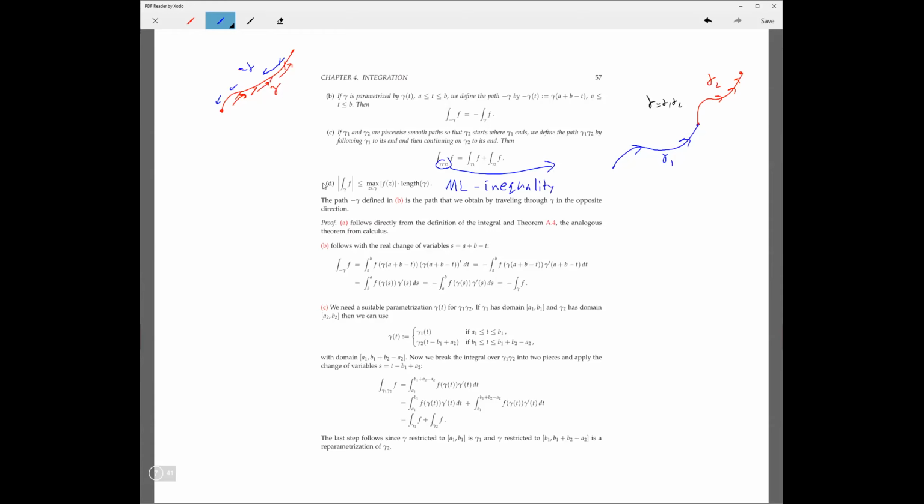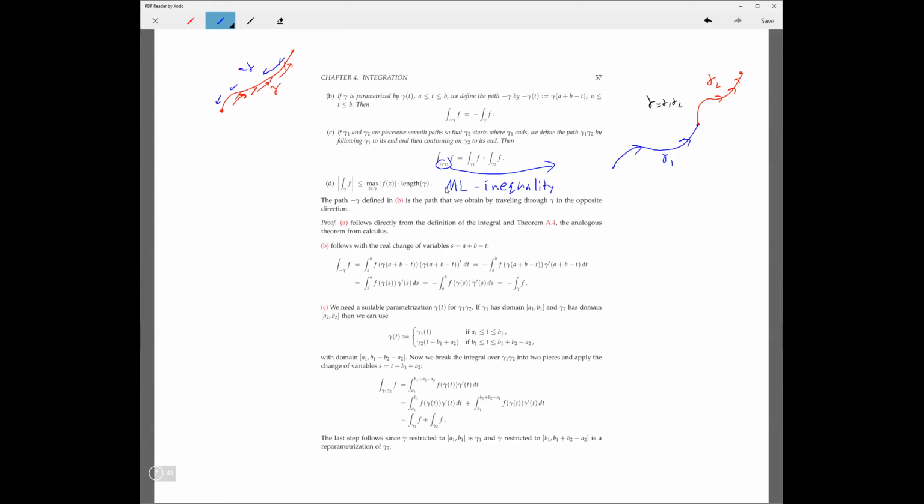So if you have an integral over a path gamma, then that integral in modulus, or the magnitude of that integral, is going to be less than or equal to the maximum value of the function at all points on that path. Okay, so this would be all points along this path and the modulus of f.